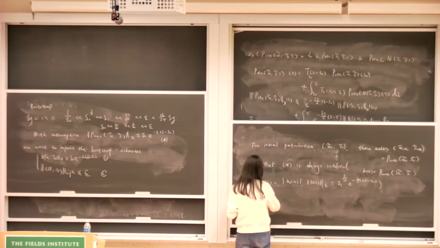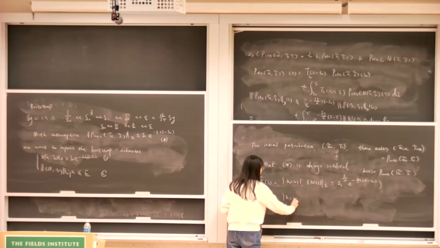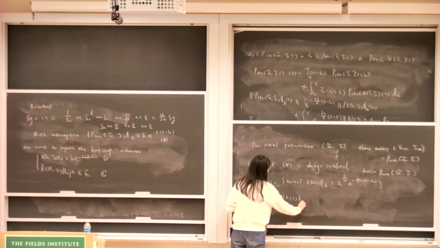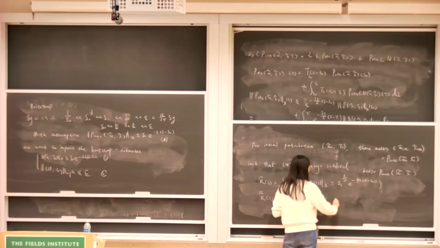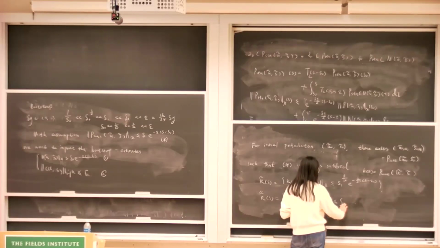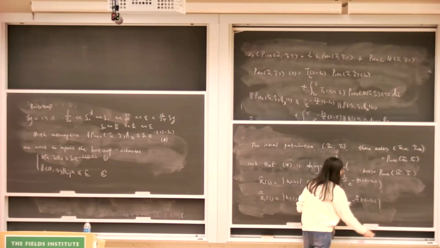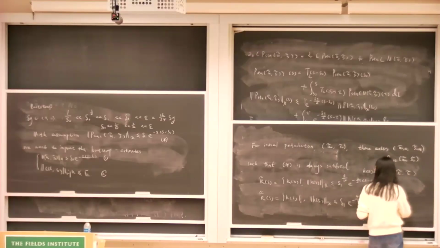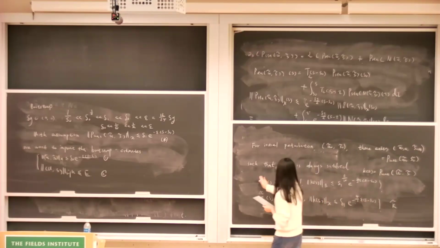And another one is R tilde S. We want a slightly smaller bound in the original X norm, such that the second ball is always in the first ball.